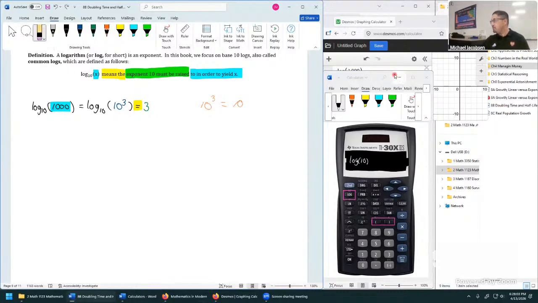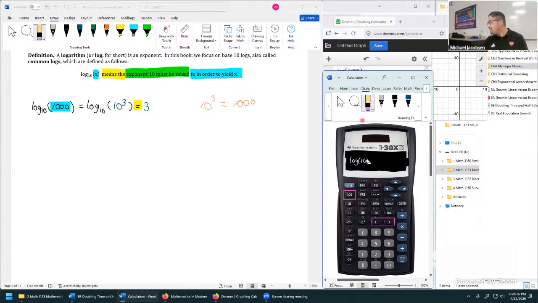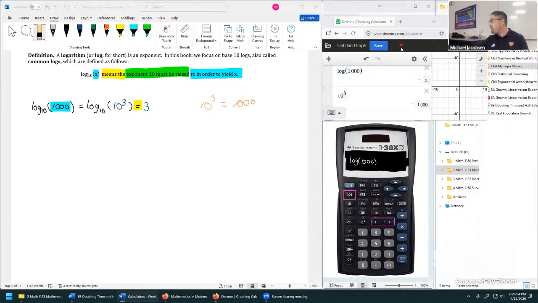Let me see if I can control Z that right there. Hang on, it's not letting me take it off. That should have been 1,000 right here. Yeah, if we throw in, say, 10 inside the logarithm, that's going to come out as just a 1.